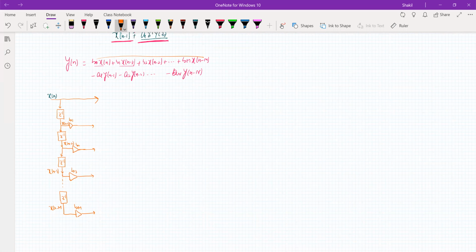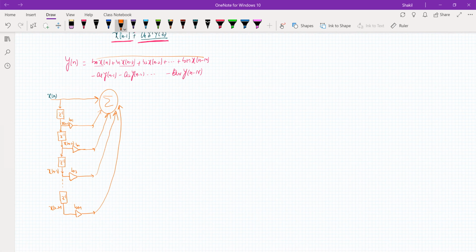So now I will add these using a summer. First I will add this to this, then I will add this, then I will add this, then I will add this.